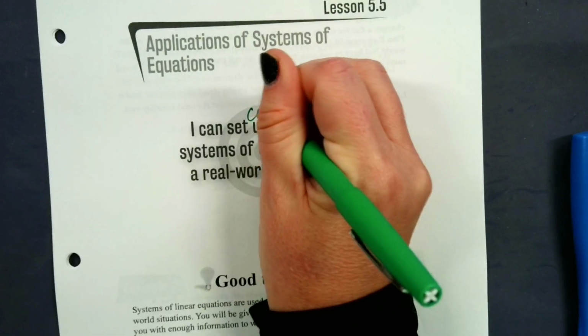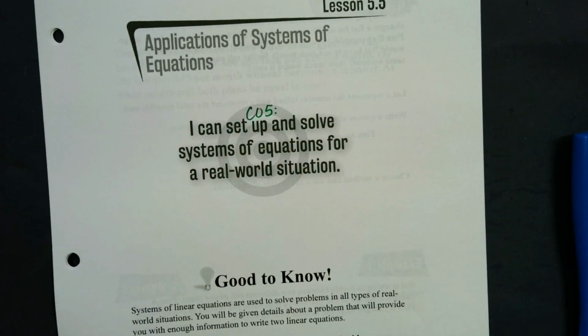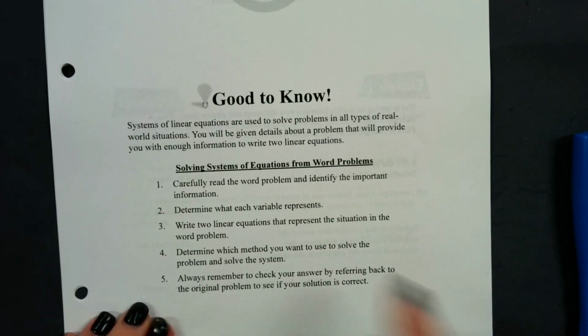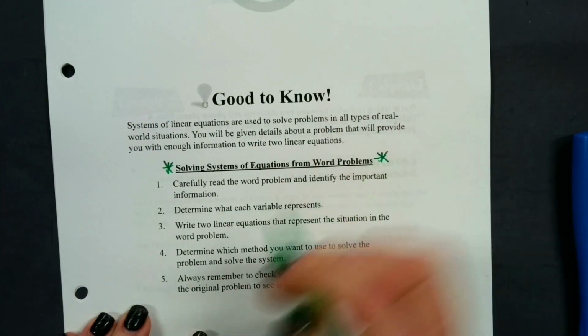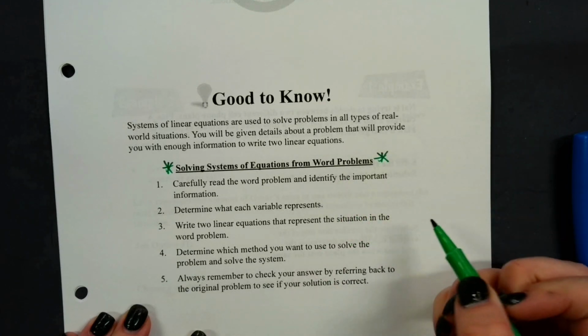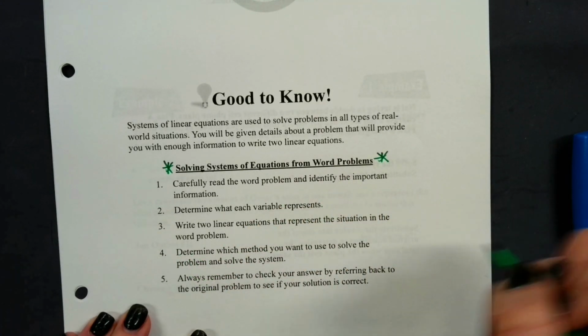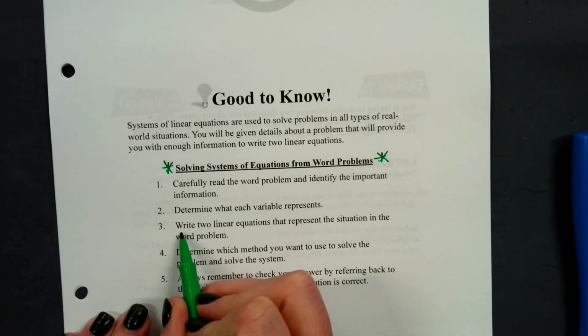This is CO5. I can set up and solve systems of equations for real-world situations. I left this in here because I thought this was really helpful, just like, here's what to do. Carefully read the word problem and identify the important information, which I did in the last one. I was modeling that. I was showing you what I do. Determine what each variable represents.